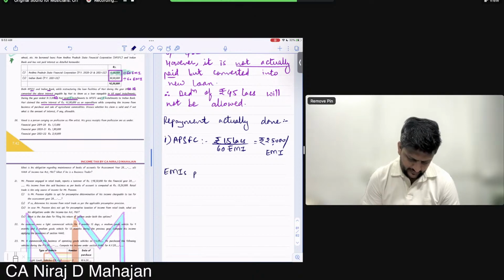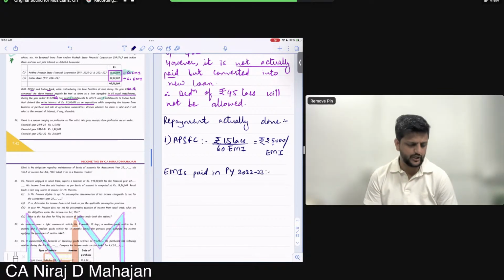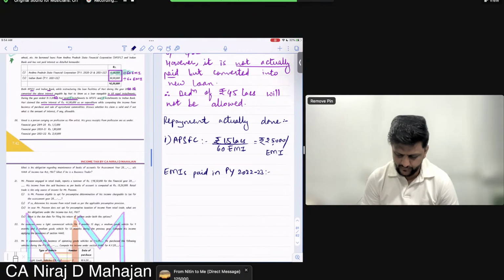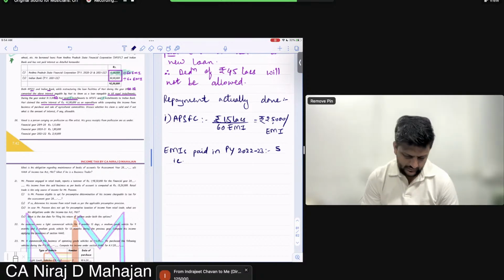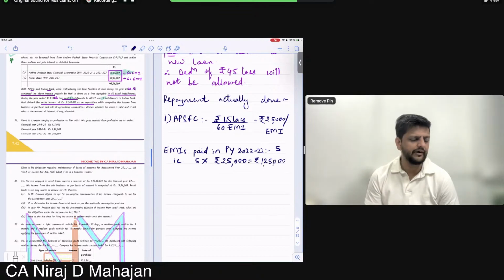EMIs paid in the previous year 22-23: how many? For AP, 5. That is 5 into rupees 25,000, which gives 125, that is 1,25,000.